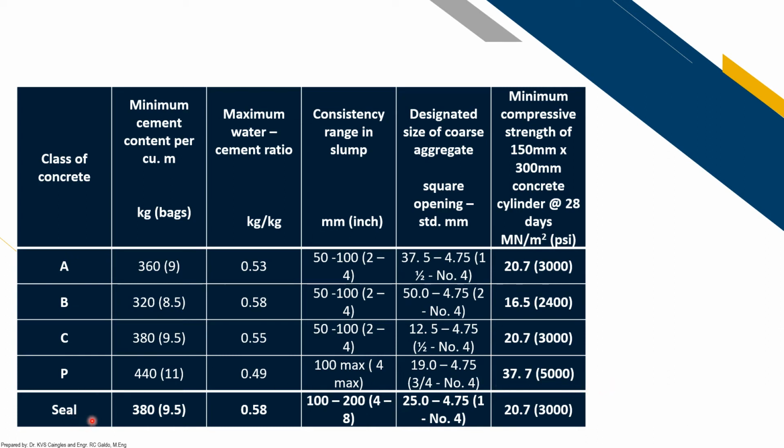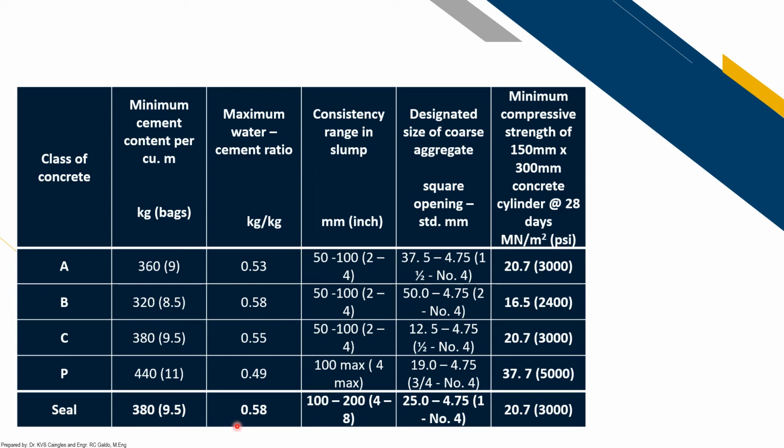Okay? And then we also have class seal concrete. So kaning class seal concrete is usually ginagamit niya sa kanang mga structures or members or concrete nga pwede i-deposit sa water. Okay, underwater kibali. So ang iyahang minimum cement content per cubic meter is 9.5 bags or 380 kilogram.